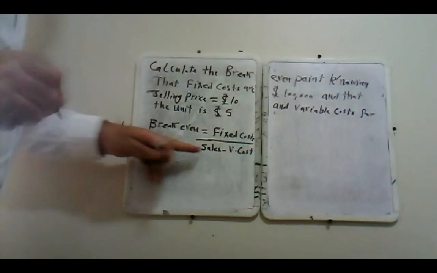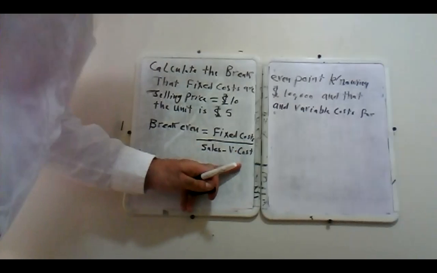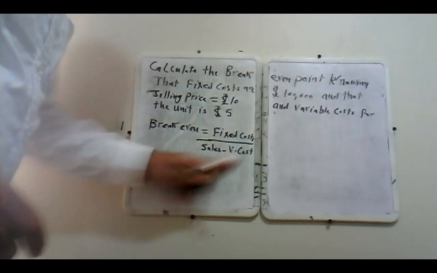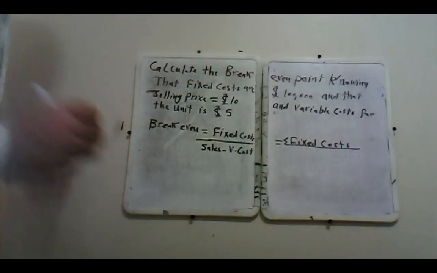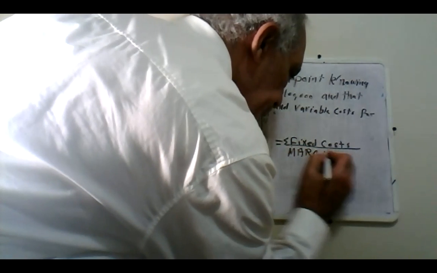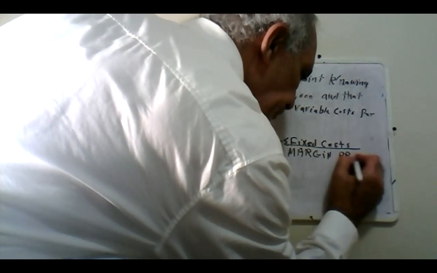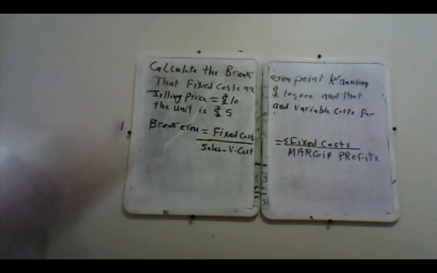By the way, the sale price for a unit minus the variable cost for a unit, we call the profit margin. So it is, in other words, the total fixed costs divided by the profit margin. So this is the equation.